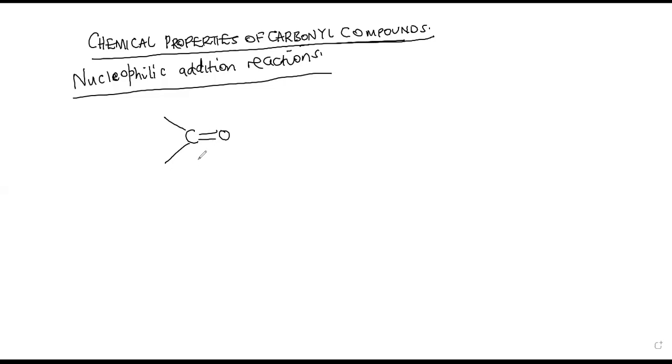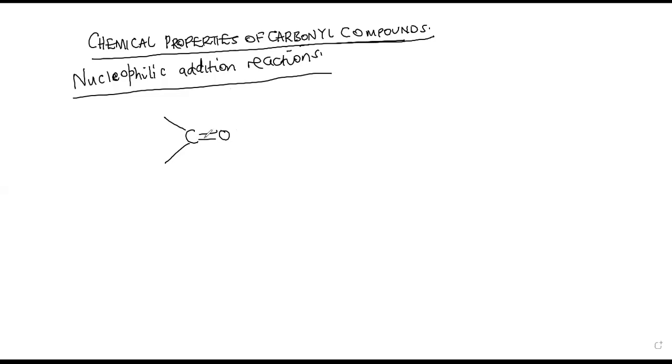But though there is a difference in electronegativities, to what extent? Oxygen is more electronegative than carbon. Oxygen being more electronegative than carbon, it means that the electrons in the double bond are attracted more to oxygen than carbon.